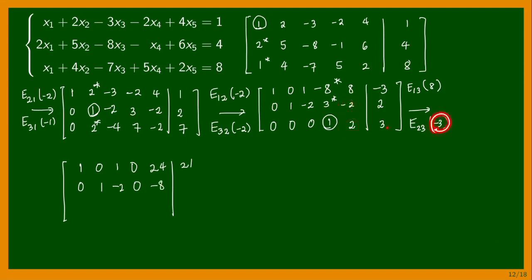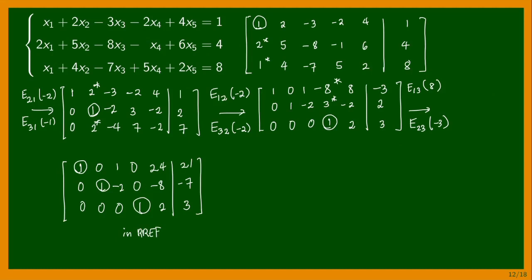Negative 3 times 3 is negative 9 plus 2, negative 7. Of course, we're just going to copy the last row. So at this point, I stop because we are already in RREF.